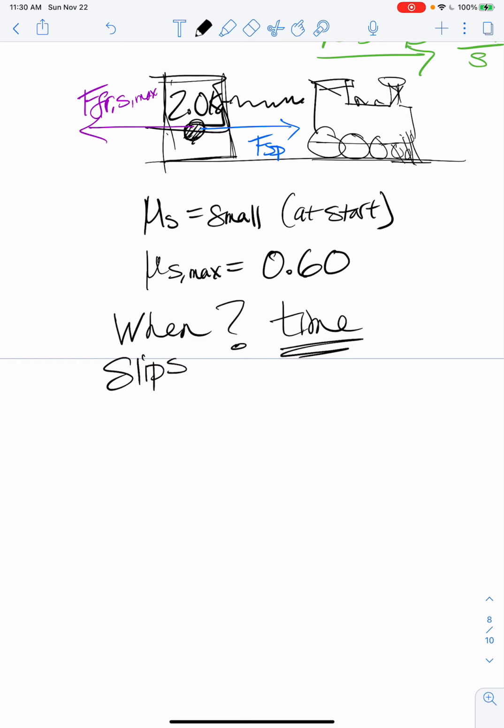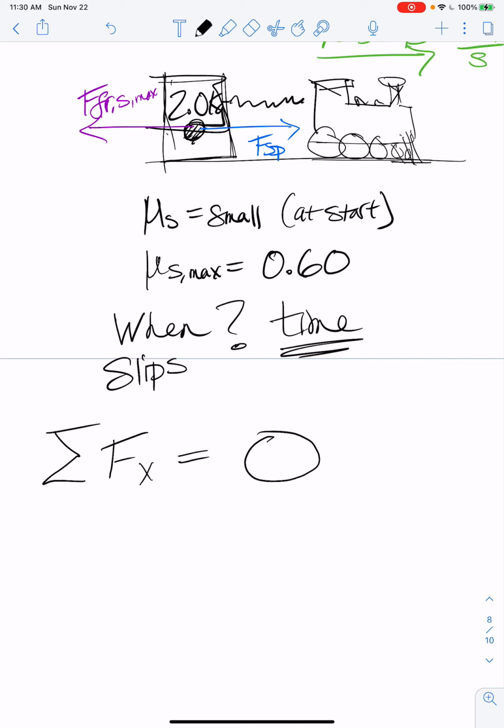Okay, so, all right, let's do it the same way. Let's look at this in the x direction. Let's sum our forces in the x direction. And we know it's going to equal 0, right? This is the point where the force spring overtakes force friction static max.